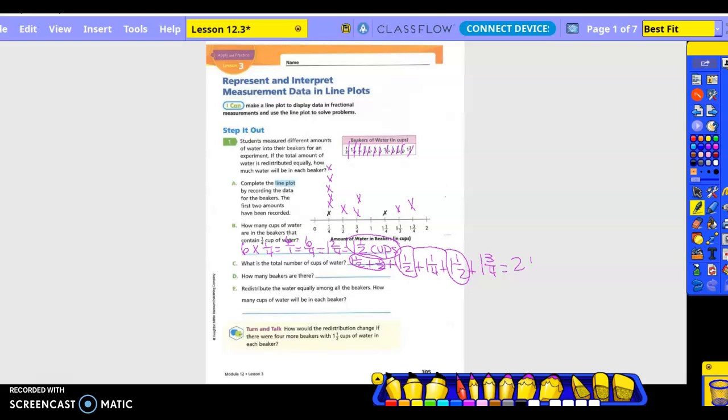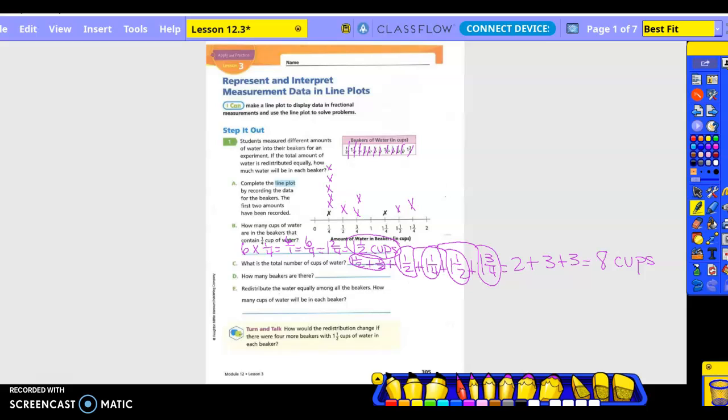So 2 plus, what's 1 1/2 plus 1 1/2? 3 plus, so then we could also do these 2 together, right? What's 1 1/4 plus 1 3/4? It'd be 2 4/4, which is 3. So our total would be 2 plus 3 plus 3 is 8. So 8 cups is our total for the whole chart.